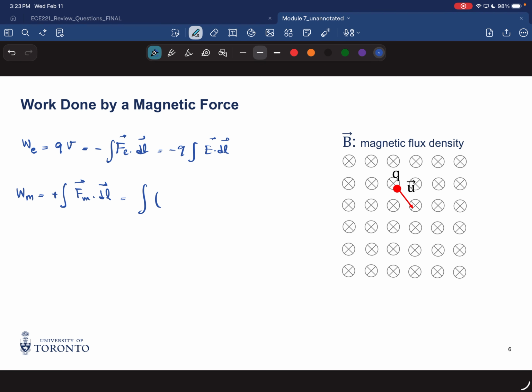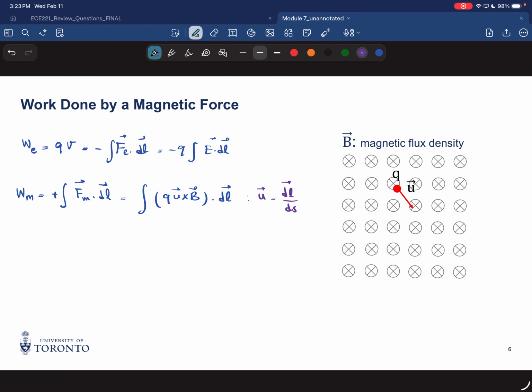So, what was FM? Q, U cross B. Perfect. Dot DL. What is DL? U divided by magnitude. U is a velocity, so it's DL over DS.